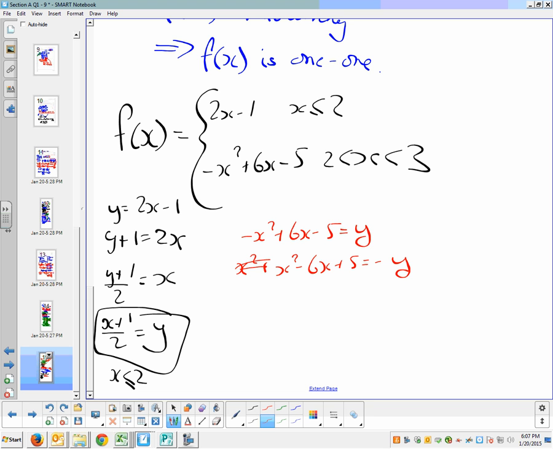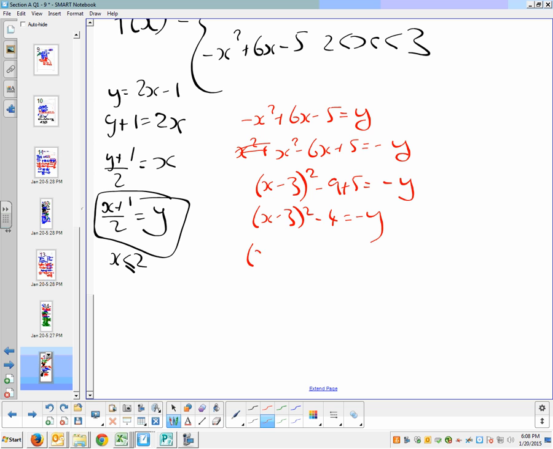We get x minus 3 squared minus 9 plus 5 equals minus y. X minus 3 squared minus 4 equals minus y. So x minus 3 squared is 4 minus y, and x minus 3 is the square root of 4 minus y.